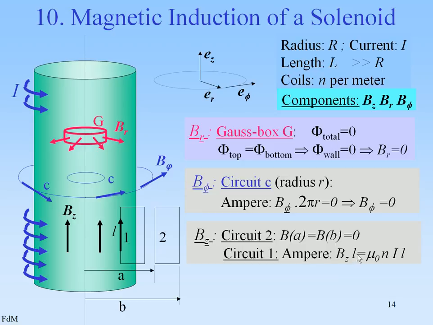B z times L is mu naught n I L. That's the current density here. That's the current that's passing through that surface here. And the result is, inside we have mu naught n I times e z, and outside we have B is 0.